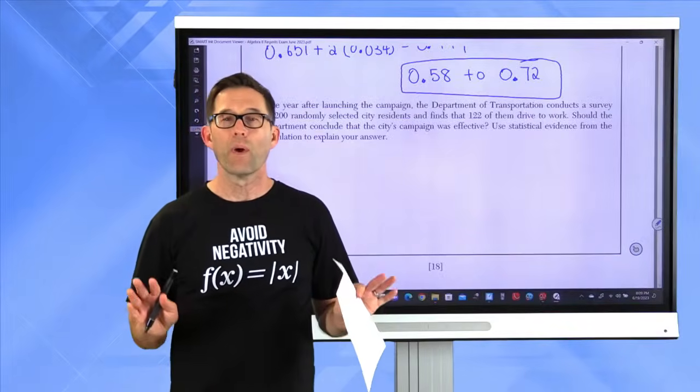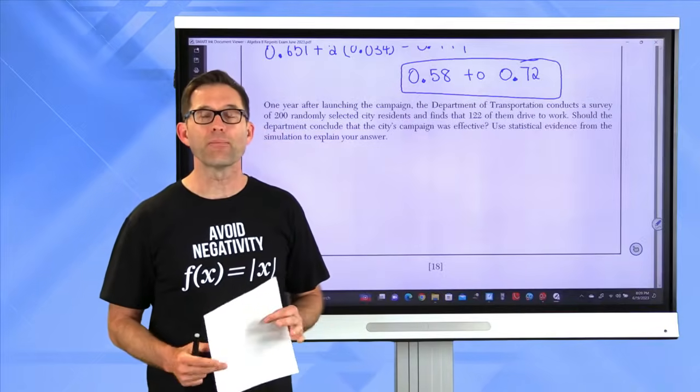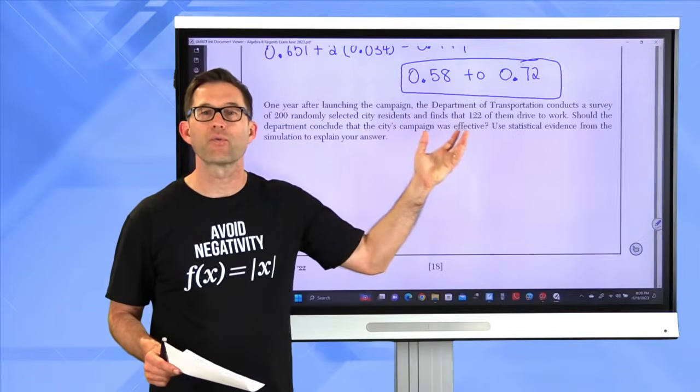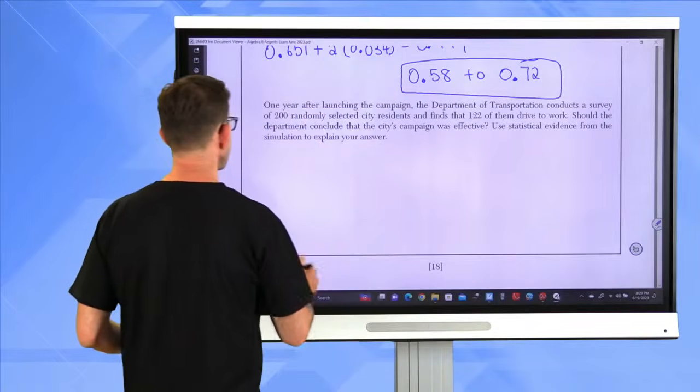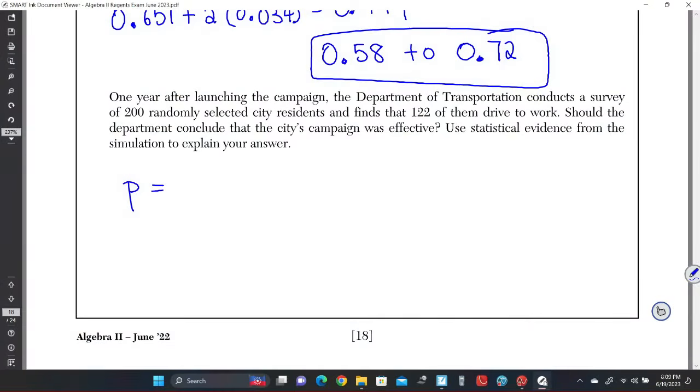Well, let's take a look at what proportion of these 200 randomly selected residents drive to work. This is what's called a sample proportion. Oftentimes that's given the letter p, and if I do 122 divided by 200, I want to turn that into a decimal.